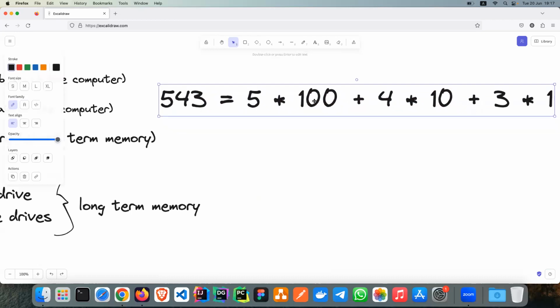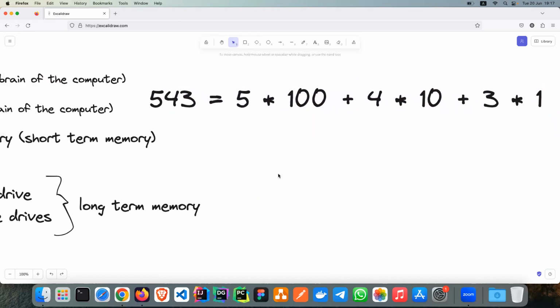So we have 5 hundreds, 4 tens, and 3 ones.